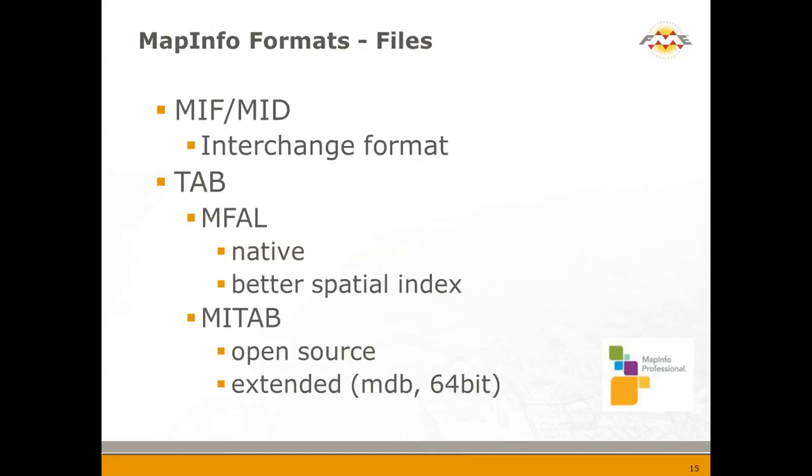I guess they each have their own strengths. MFAL has perhaps a better spatial index, and MyTab, because it's open source, has a wider community that have contributed to it, so it supports things like MDB and 64-bit. So that, perhaps with 64-bit FME, could be useful if you're dealing with large data.